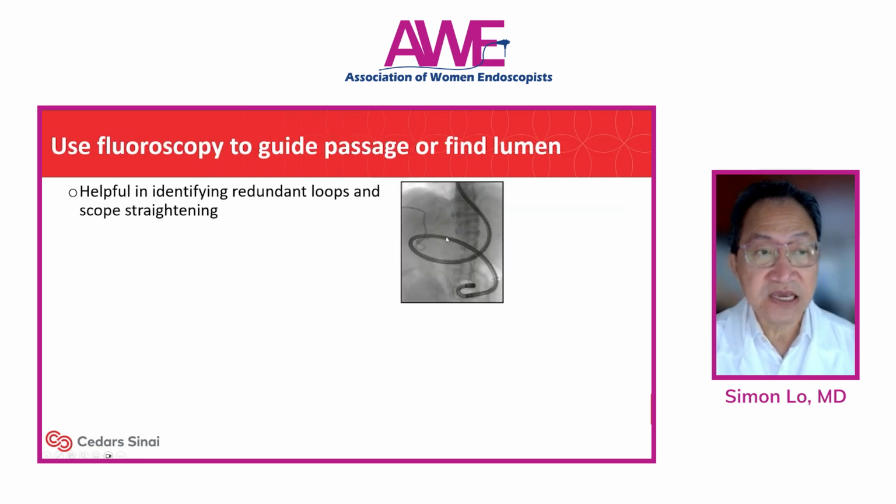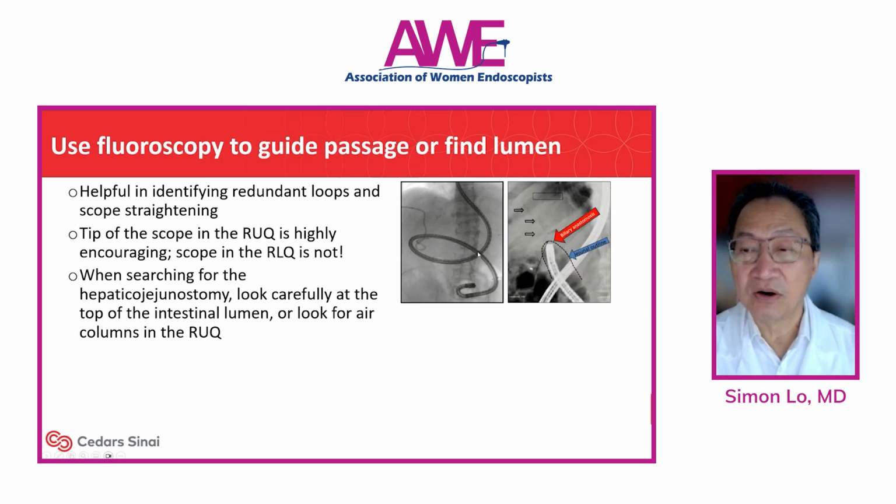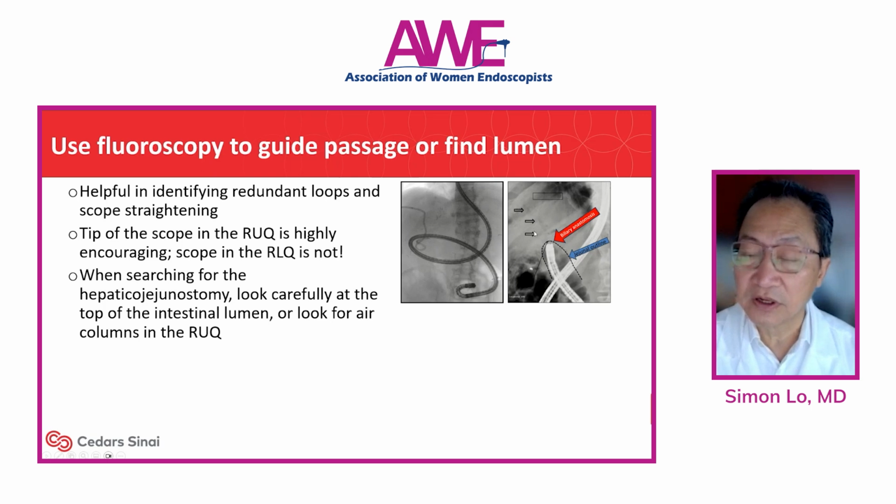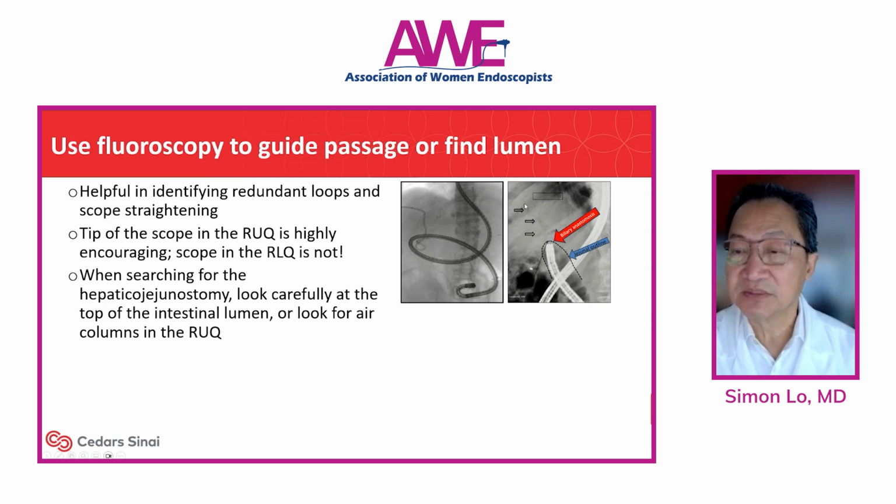Taking advantage of the fluoroscopy capability is very, very helpful to know where you are and straighten out your scope. And also, frequently, if you're in the right upper quadrant, you know that you're very close to the biliary anastomosis or the papilla. Sometimes you can also see the outline of air, then you know that you are at the hepaticojejunostomy.